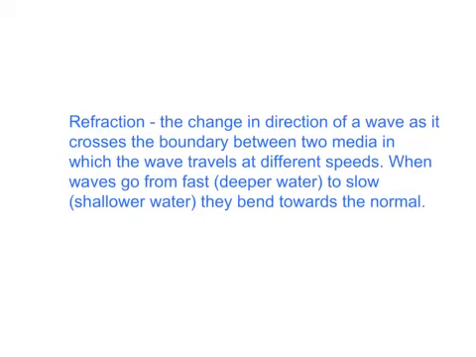Let's define what refraction is, and then we'll see what it looks like in an actual real ripple tank. Refraction is the change in direction of a wave as it crosses the boundary between two media in which the wave travels at different speeds. When waves go from fast, which occurs in deeper water, to slow, which happens in shallower water, they bend towards the normal, as we've just seen.